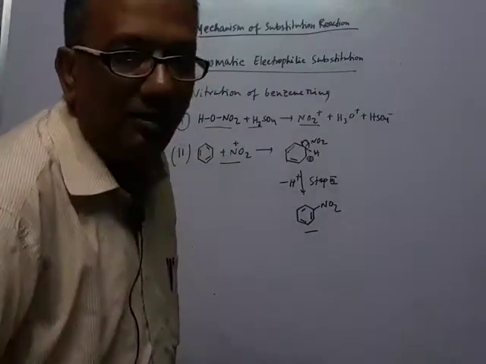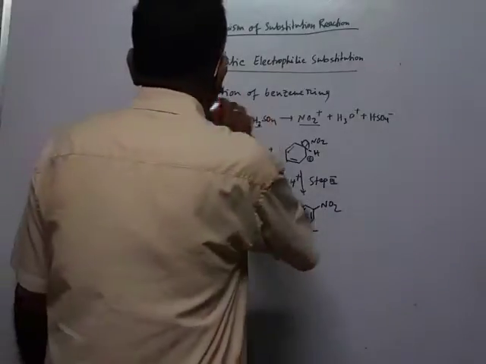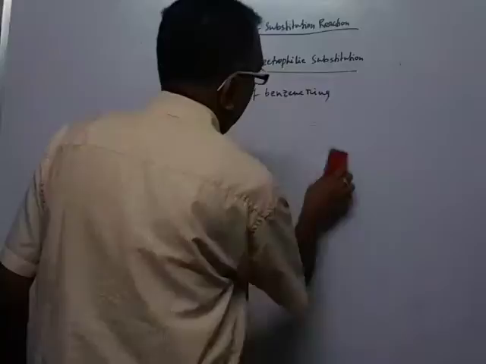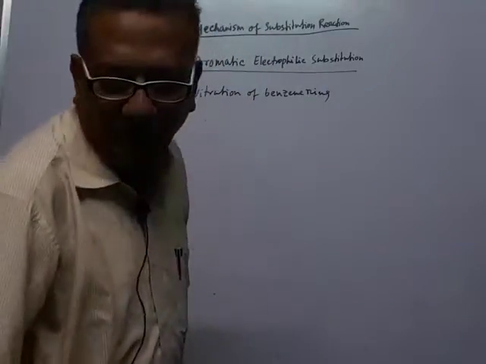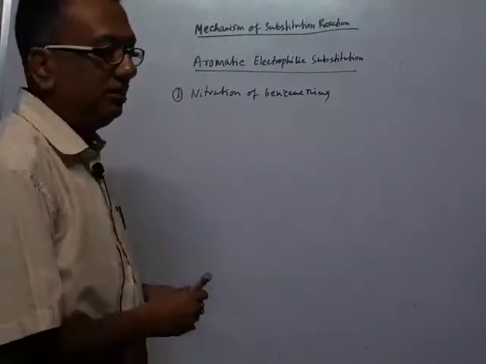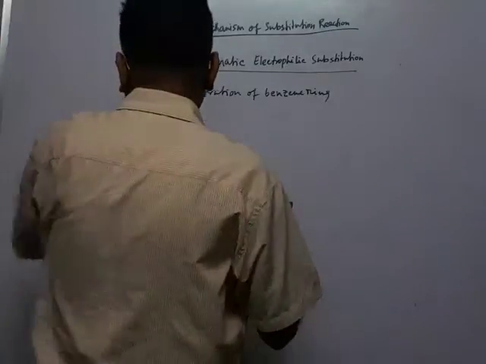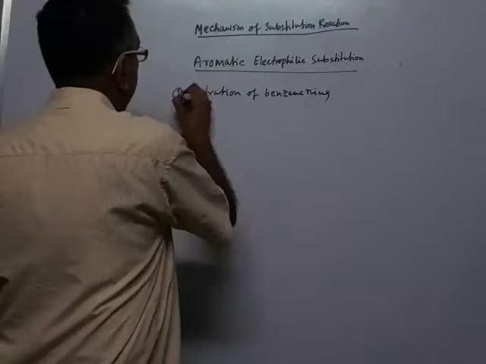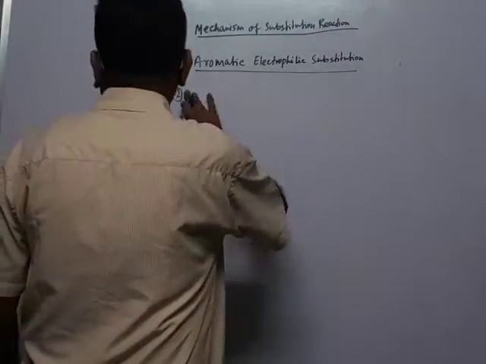Similarly, a similar type of reaction is also observed in the Friedel-Crafts reaction, where alkylation or acylation of the benzene ring is taking place through formation of this electrophile. So our next discussion is the Friedel-Crafts reaction.